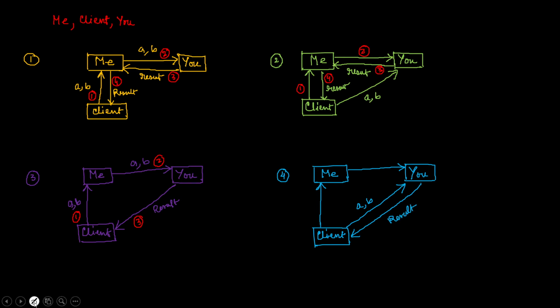So if I number it, it's obviously 1. I've called you, and I told you to take data from the client, so it's not part of a number, but you return me the result. So these are the 4 cases, 4 scenarios with these 3 characters.